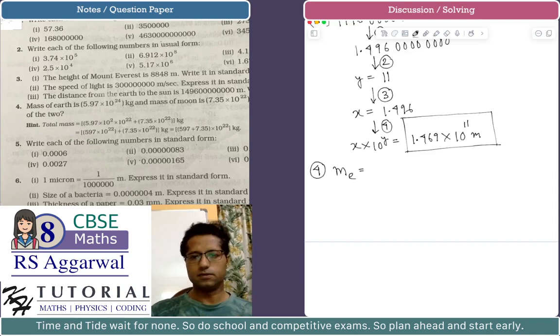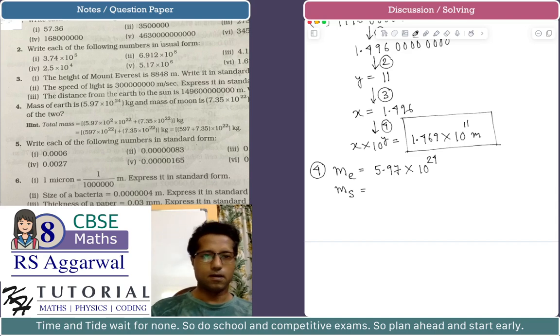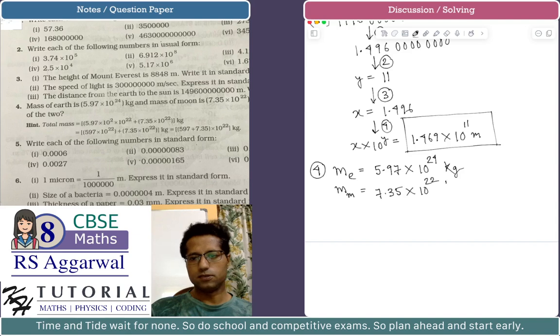Mass of earth is given to be 5.97 multiplied by 10 to the power 24 kg, and the mass of moon, m subscript m, is given to be 7.35 multiplied by 10 to the power 22 kg.